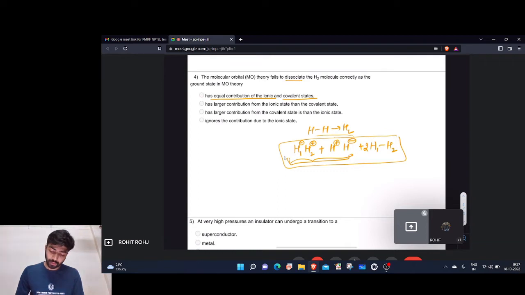It's only because of these ionic states, which contribute equally to the final resonance picture, that the hydrogen molecule is incorrectly described in MO theory. So the correct option would be option number 1.